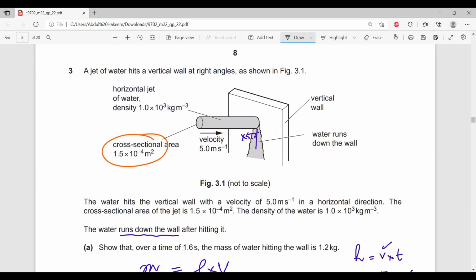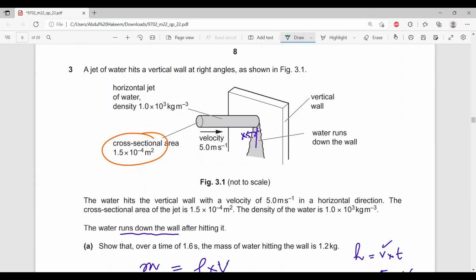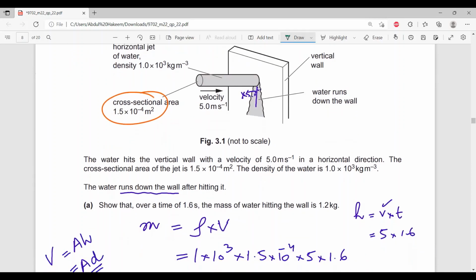A jet of water hits a vertical wall at a right angle, as shown. The horizontal jet of water has density 1.0 × 10^3, and the cross-sectional area and velocity are given. The water hits the vertical wall with the velocity given.